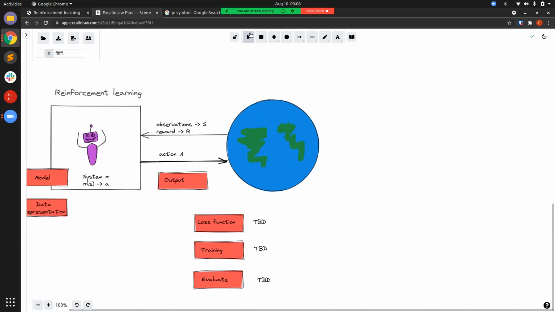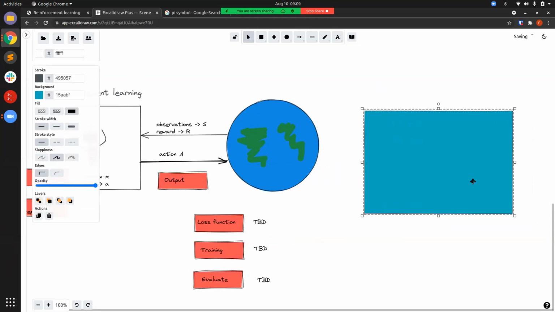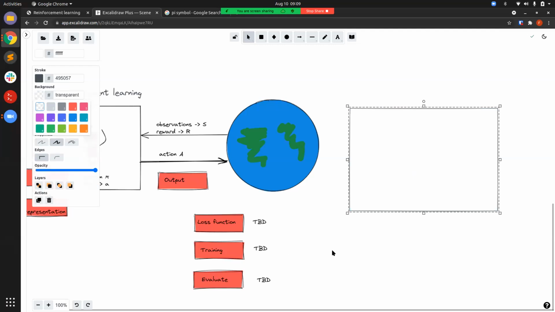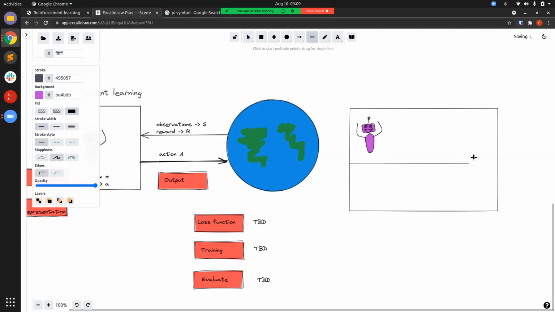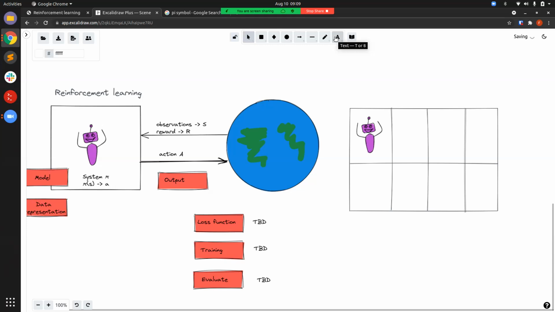Let's look at a slightly different example. Suppose we have our little robot in this grid. So I'm going to draw a little grid here. Now, in this grid, this robot has a set of possible actions it can take.